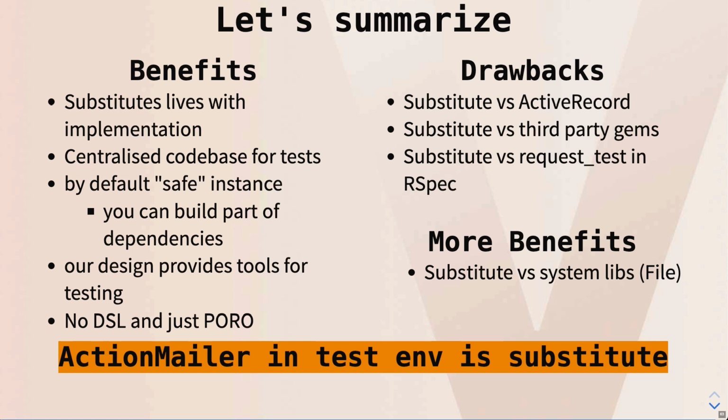This is because Action Mailer uses a substitute. You can find this inside the gem. There exists a completely different class which has a whole toolkit to test mailing. So yeah, that is the fun fact.